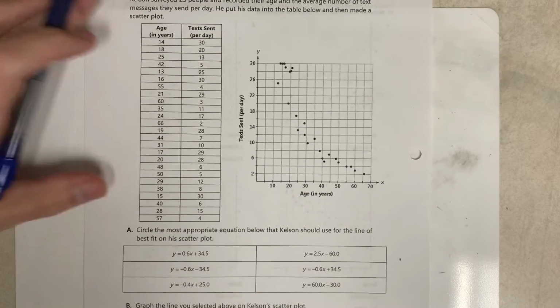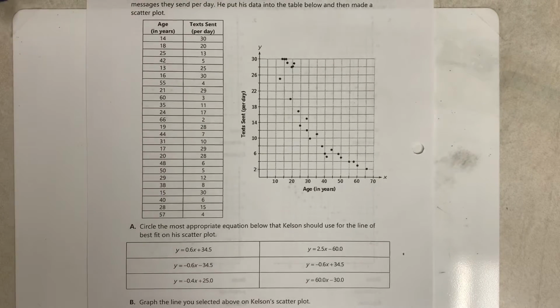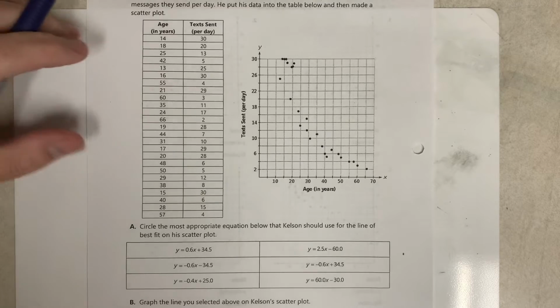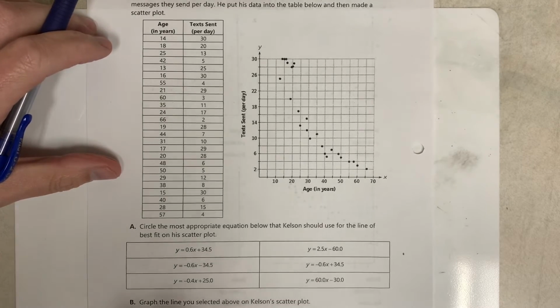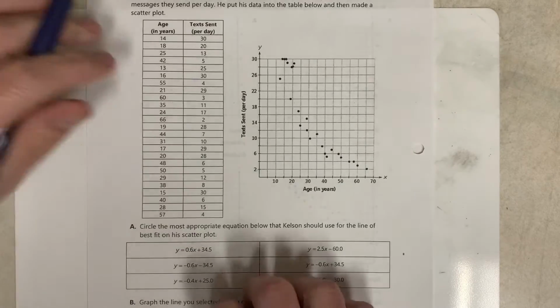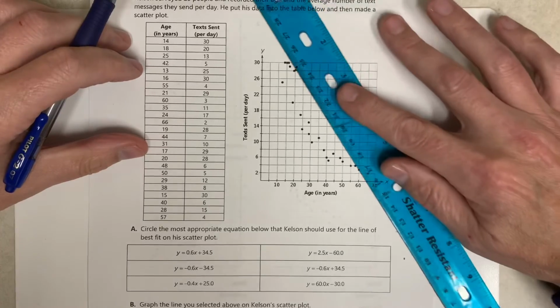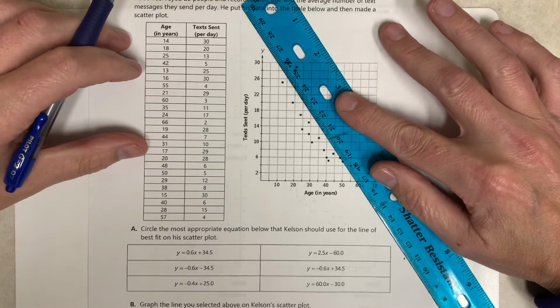Let's see if we can see that. Okay, so which one of these is going to be the most appropriate equation for the line of best fit? If we look at these, let's look at 0.6x plus 34.5. Our line of best fit has to have a negative slope to it. First of all, it's got to be negative, right?